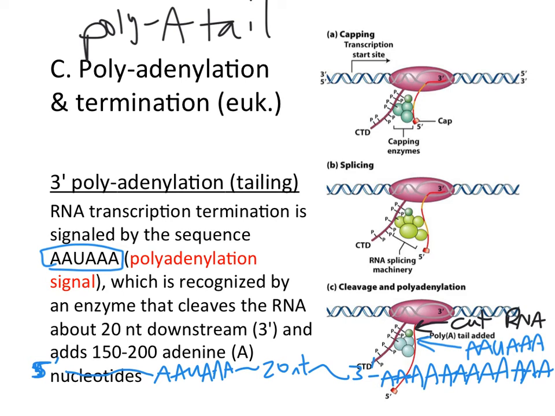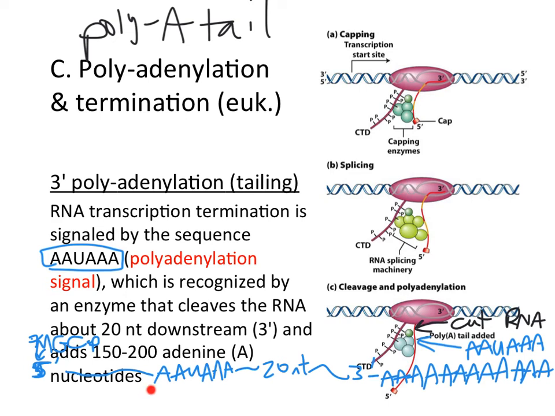What nucleotide was the cap made out of? 7-methylguanosine, 7-mG cap. So that's stuck on the 5' end. Then you've got exons, introns, depending on how alternative splicing works.